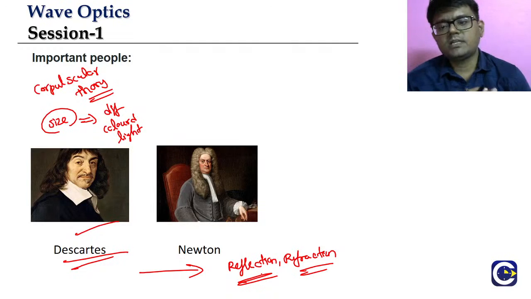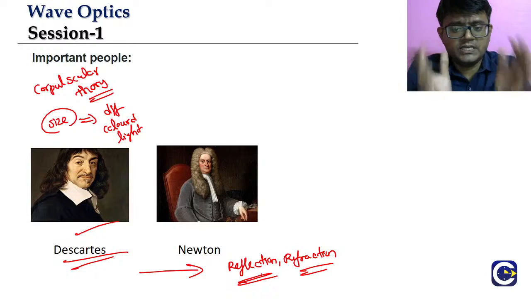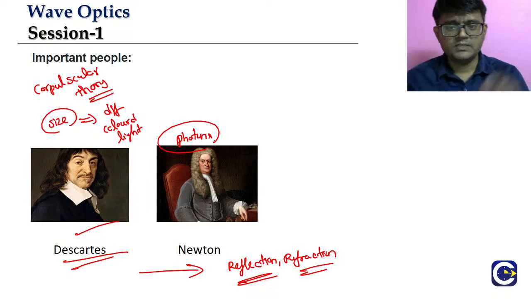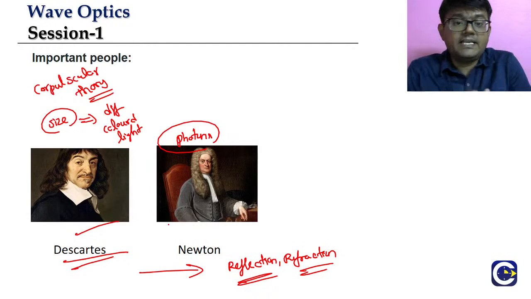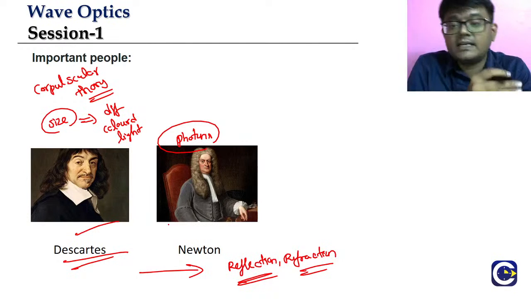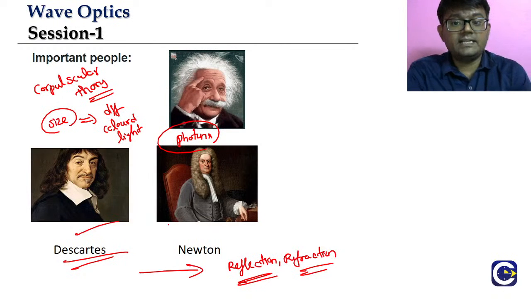So this is about the corpuscular theory of light, in which, in Newton's concept, he coined the word photons, the small particles of light. And this theory has got the blessing of one of the other giants of the scientific world, that is Isaac Newton.